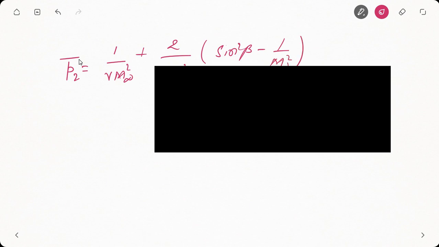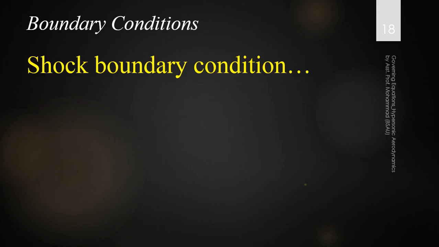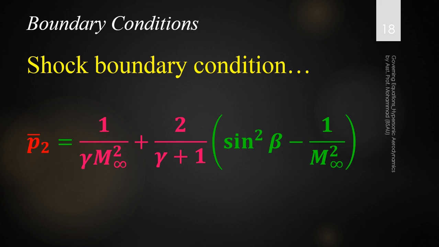That's what we got. This is the value we have got, and that's what is written there. So it is a non-dimensional form of the boundary condition, the pressure ratio across the shock actually. So this is what is used here. We found that. So we have non-dimensionalized the pressure ratio across the shock boundary condition.